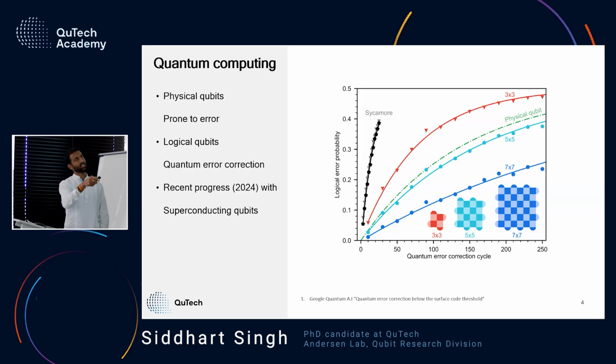Another interesting thing to see is this black line, which is written as Sycamore. So this is a previous processor they had, and there the physical qubits had slightly lower T1, T2 times, the decoherence times. And because of that, the logical error probability increased even for a smaller number of error correction cycles. So this means there are two ways you can improve the performance.